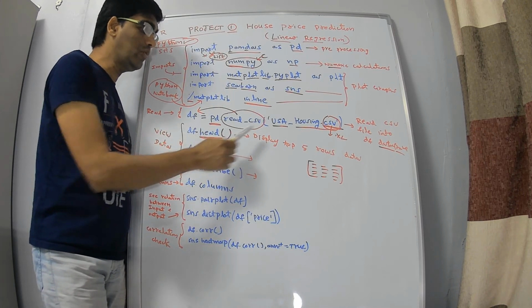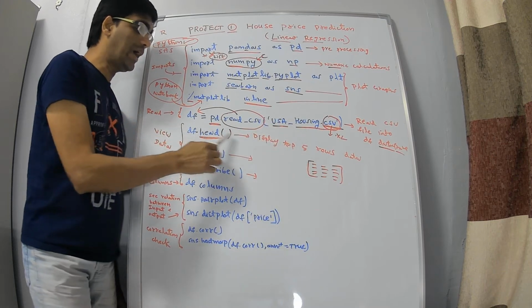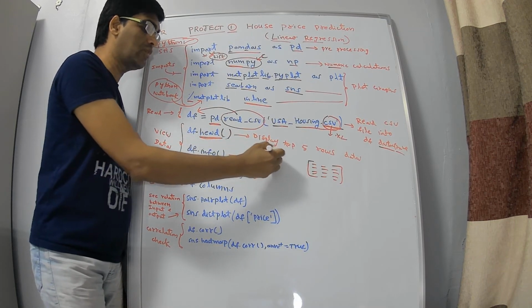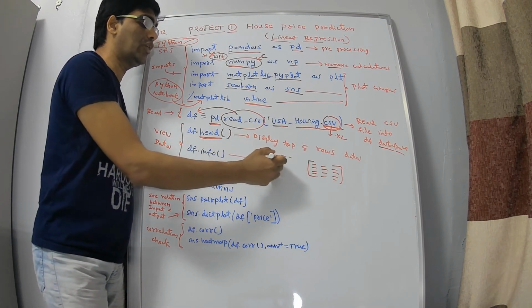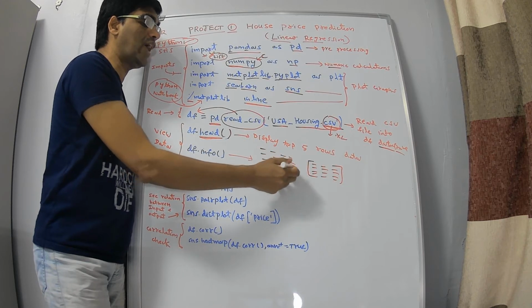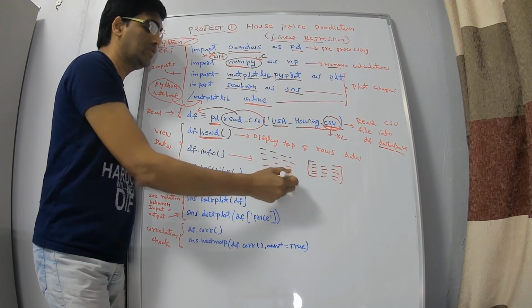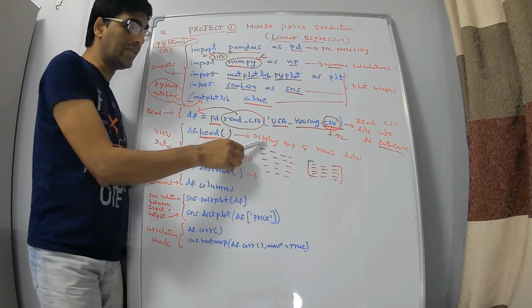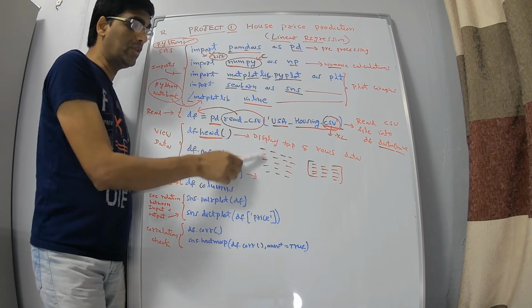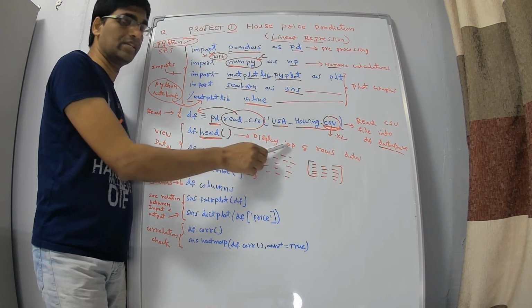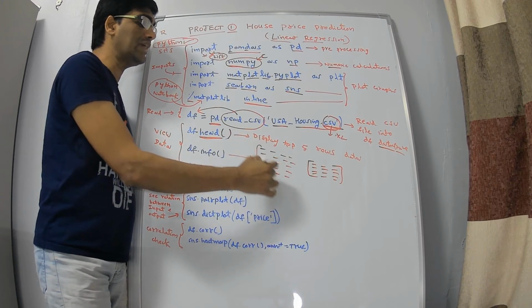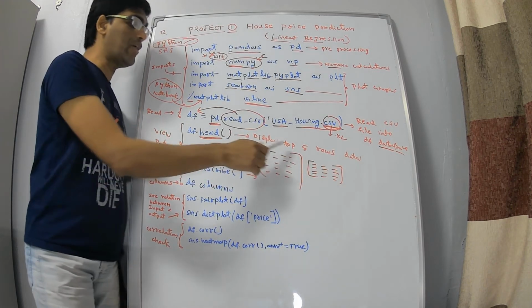Then what it will do is go to the CSV file, and head means 5 rows. First row value 1 value 2 value 3, second row, like that all 5 rows, and it will display them here so that you can see the first variable's data like this, the second variable like this. That way you can visualize your top 5 rows.